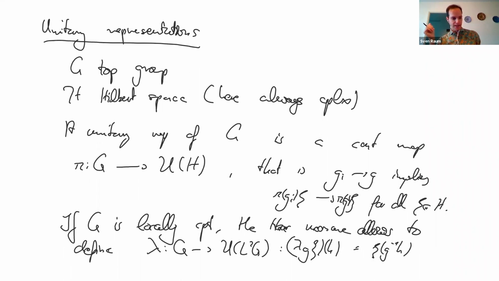But before going there, I want to explain what we understand by good representation theory, and this is one thing about admissible slash CCR representations.